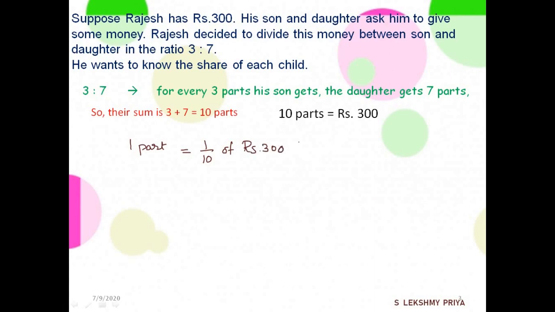How can we find 1 by 10 of rupees 300? It will be 1 by 10 times 300. The 0 gets cancelled from the numerator and the denominator, and the answer is 30. So 1 part is rupees 30.